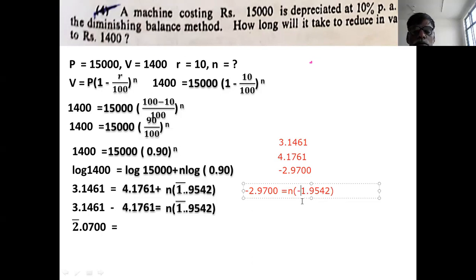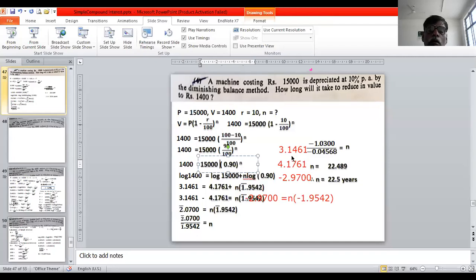Okay. Bar 2, I'll change it. This is 9. 7. 7 is your answer.